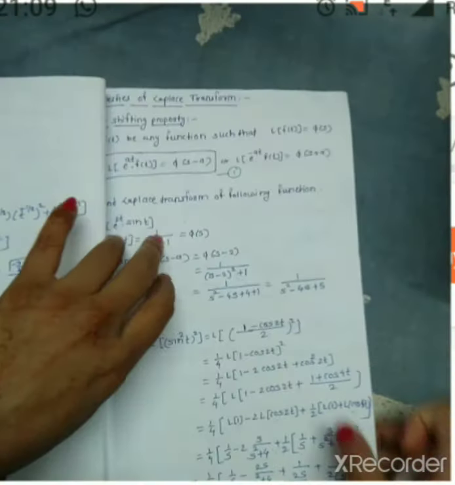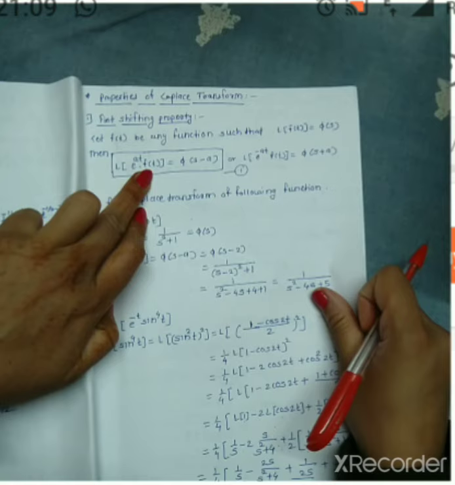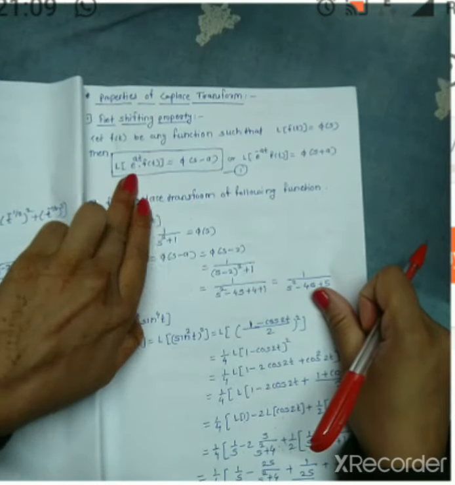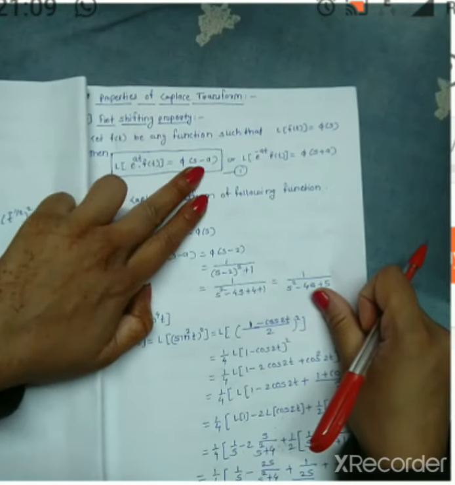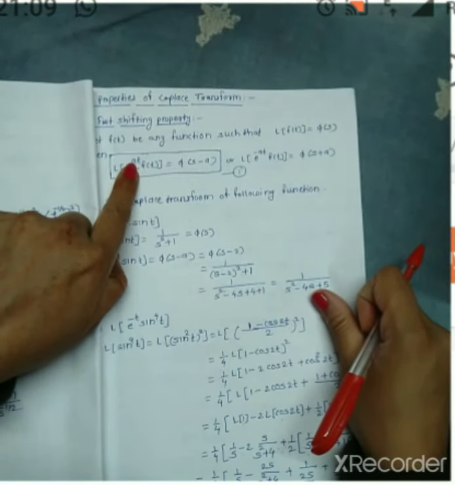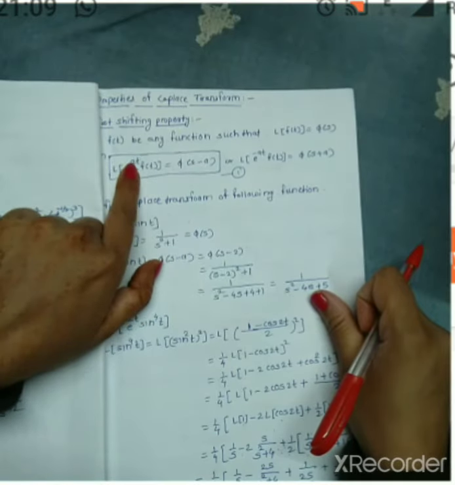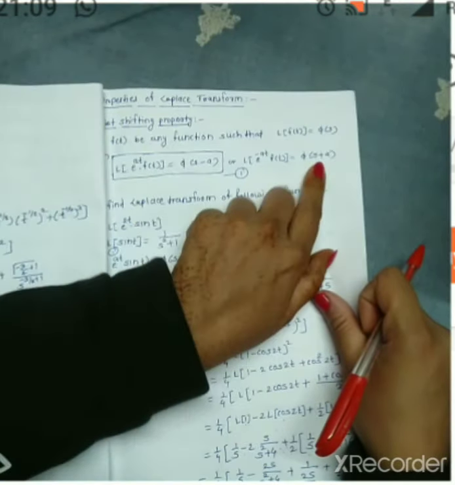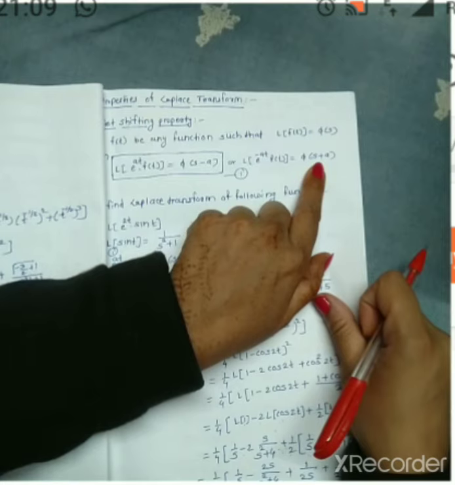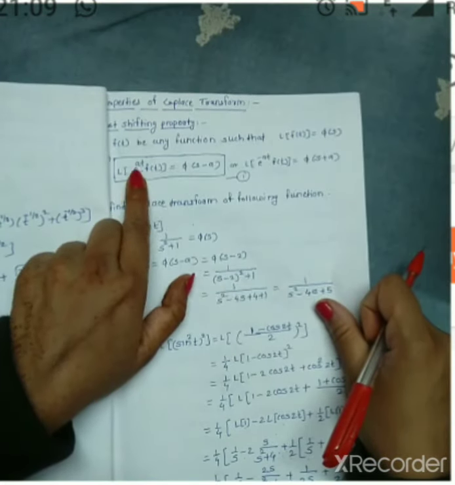This is the property that if exponential into a function is there, that is phi of s minus a or s plus a. This is the original exponential property. It depends on this number. If a positive number is there, we have to replace it with s minus a. If it is negative, then we have to use phi of s plus a. What is phi of s? This function's Laplace, which is attached to the exponential.